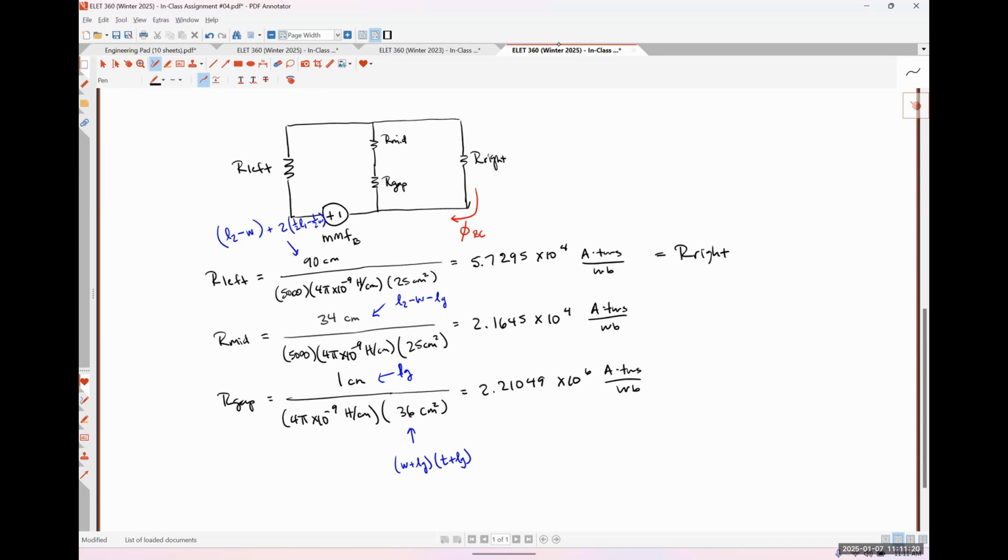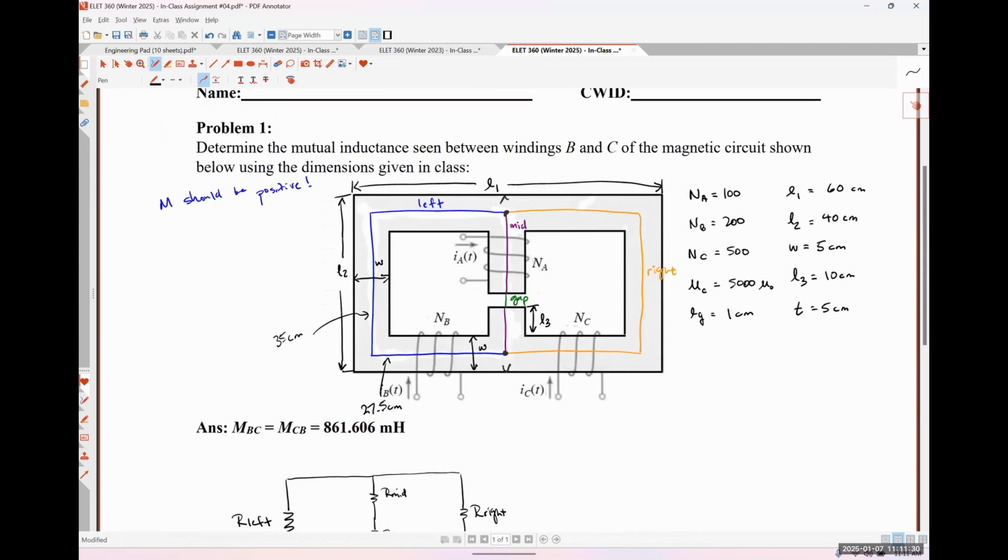Also, we have an assumption in here that the length of our gap needs to be significantly smaller than the length of the leg that contains the gap. So this total length of this leg is 40 centimeters, and we have a 1 centimeter gap. So it is significantly smaller.